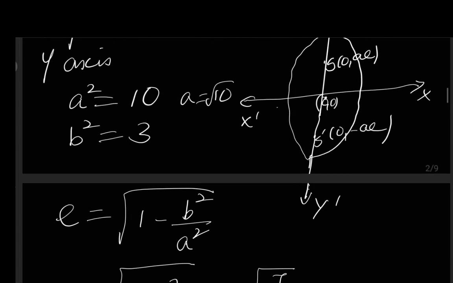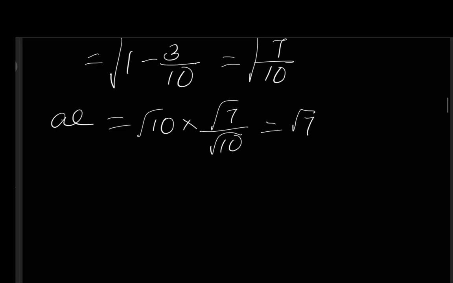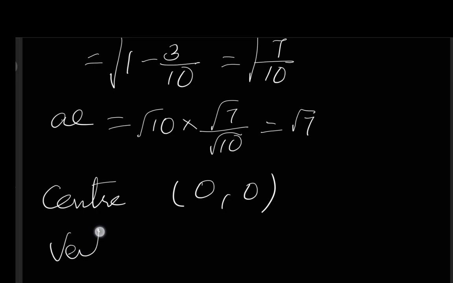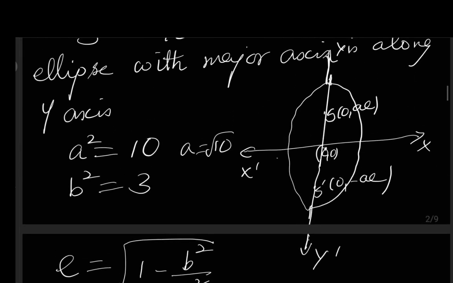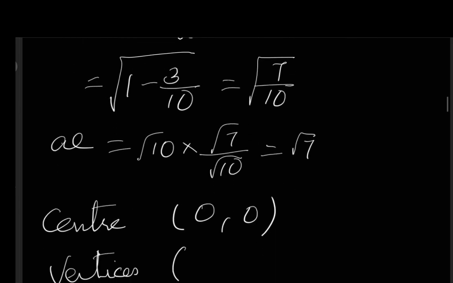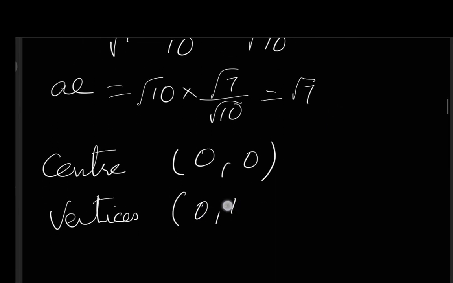So first let me take the center. Center is absolutely 0, 0. Then vertices. See, vertices is here 0, A and 0, minus A. So, 0, plus or minus A. What is A here?